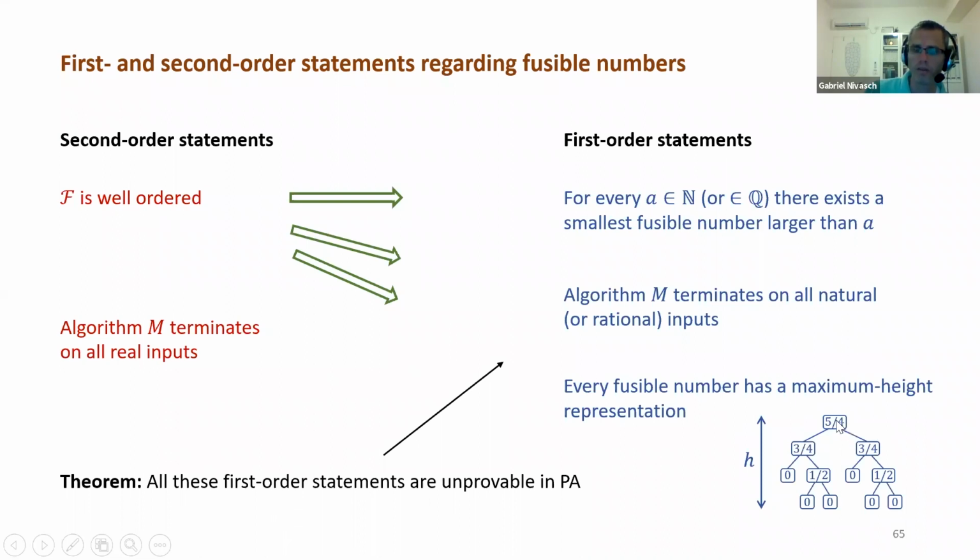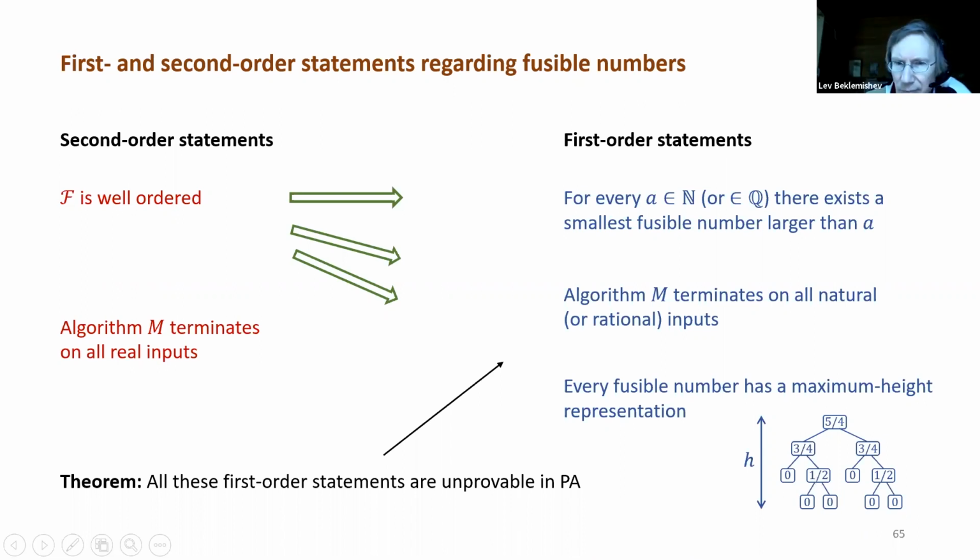The height of this representation is 3: 0, 1, 2, 3. And this 3 is just the depth of the term using this fuse operation, which generates your numbers. So you start from the bottom, and 0 fuse 0 is 1/2, and so on, right? Exactly. That's the depth of this term.